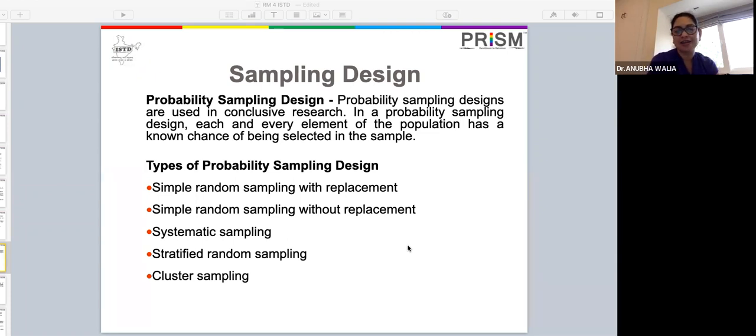Then it is called stratified random sampling. For example, with respect to the level of socio-economic status, the population may first be grouped into strata, for example high, middle, or low income group people, and then we randomly draw a sample from each group. That's the way stratified random sampling happens.